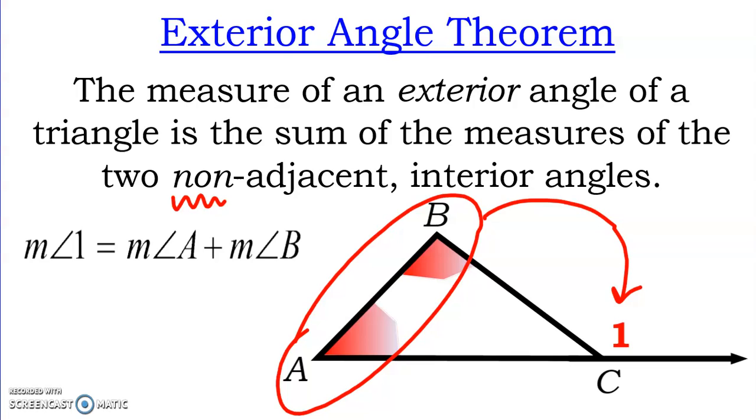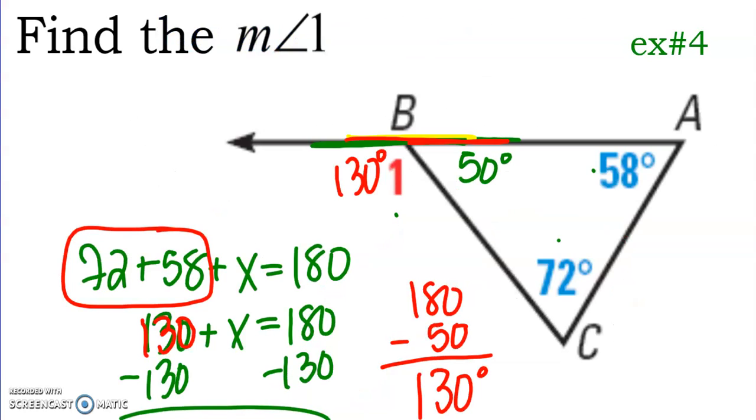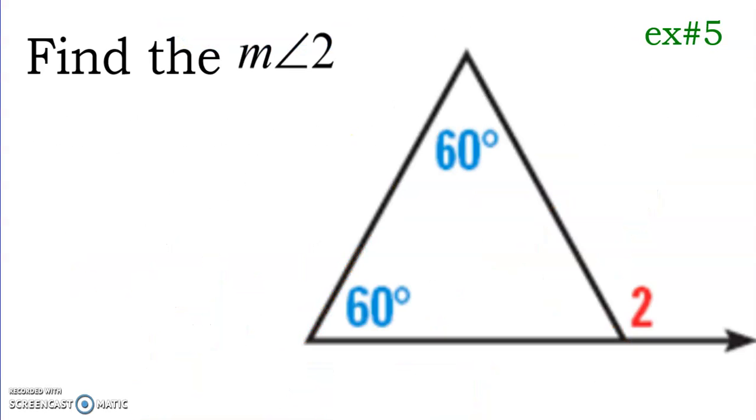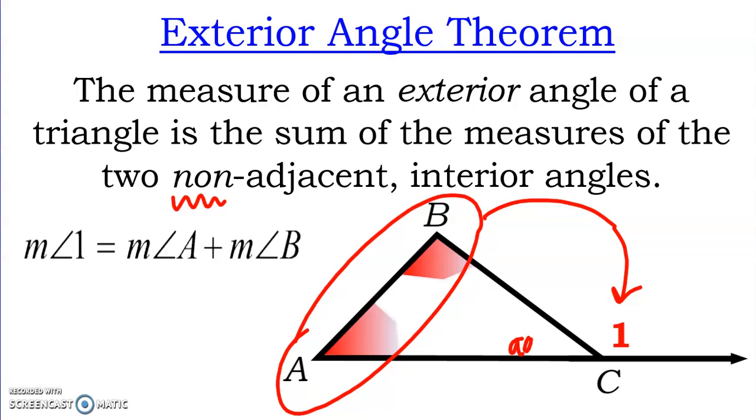So if we go back to that problem that we just did, right? If we add together 58 plus 72, which we saw here, we got the measure of our exterior angle, which was 130 degrees. So this is the adjacent angle to the exterior angle because it shares that common vertex and common side. So we want to add together the two non-adjacent angles.